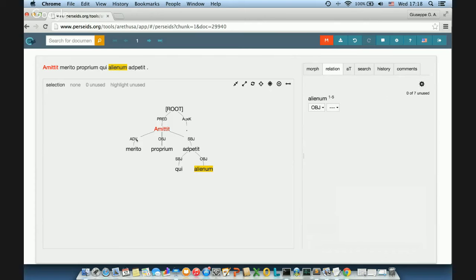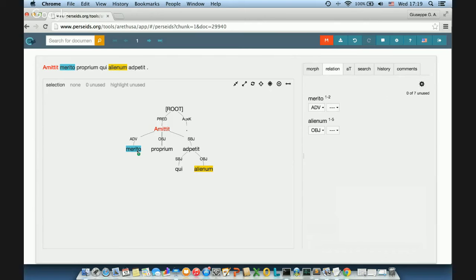Basically the label means that this constituent is not really verb specific, is not specific to amitto. It is something that could also be left out of the sentence. It is not a constituent which is required by the verb amitto. I'm not saying, and this is important to say, that merito is not important.